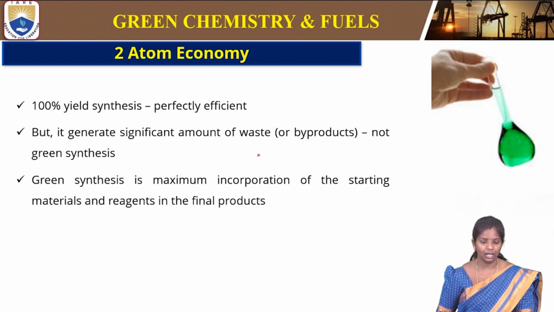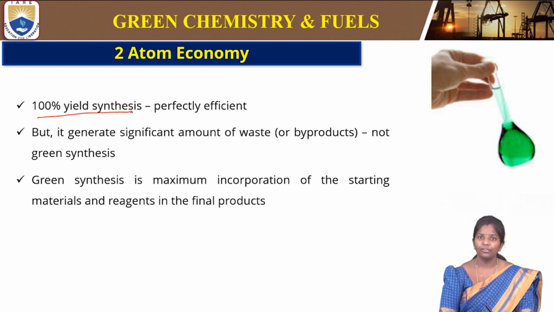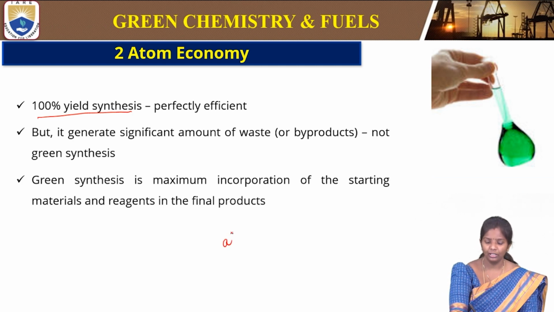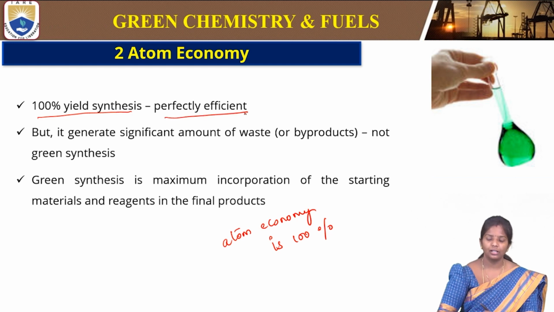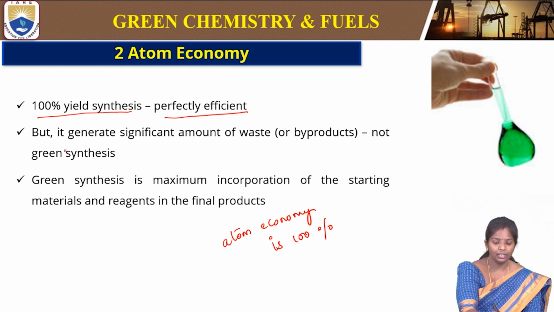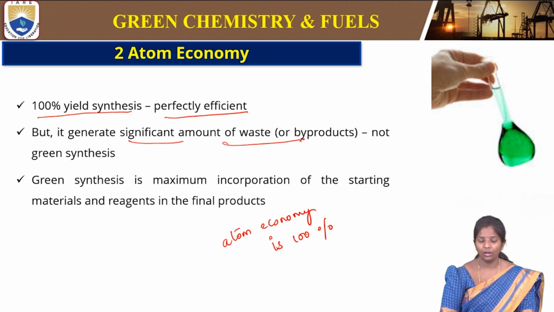So if we see the other example, like a 100% yield synthesis, it means perfectly efficient. But whenever the yield is 100% and the atom economy is 100%, the process is efficient, yet if it generates significant amounts of waste, then it is not considered green synthesis.